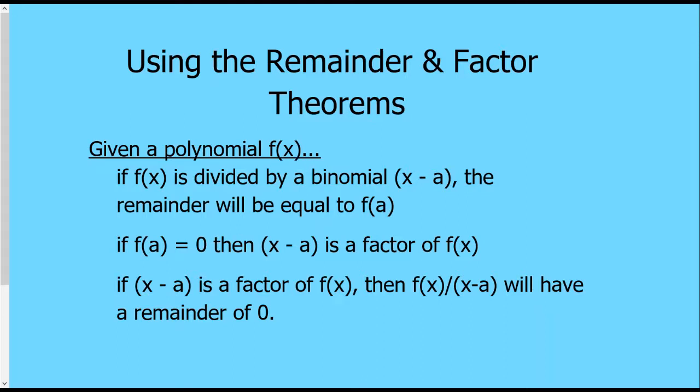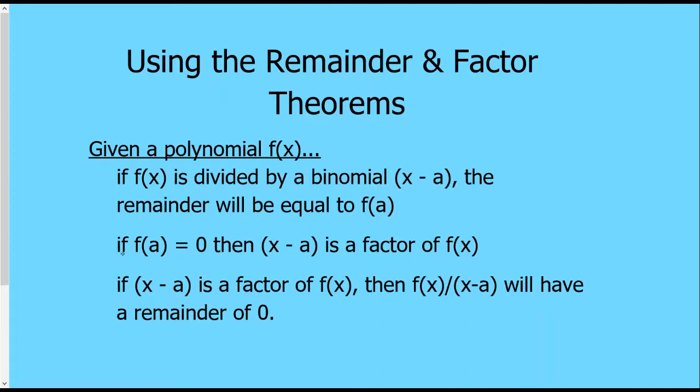Basically, these two forms state that given some polynomial f of x, if that polynomial is divided by a binomial in the form x minus a, the remainder will be equal to f of a. So we can evaluate the function at f of a, and that gives us the remainder if I was to do division by x minus a.